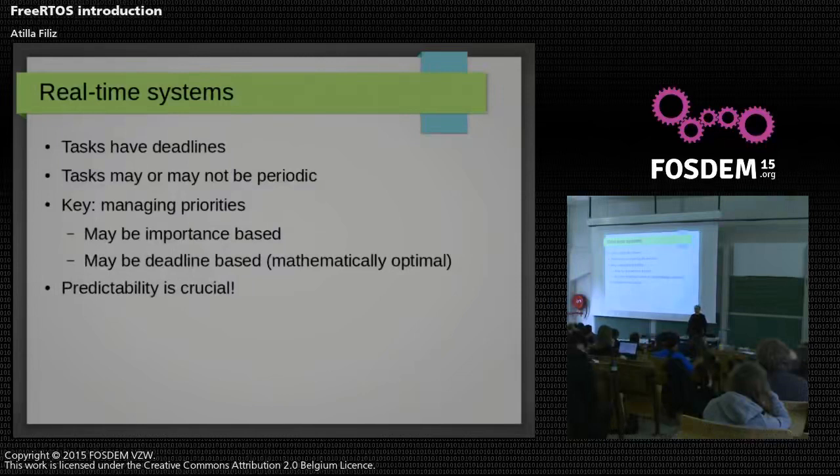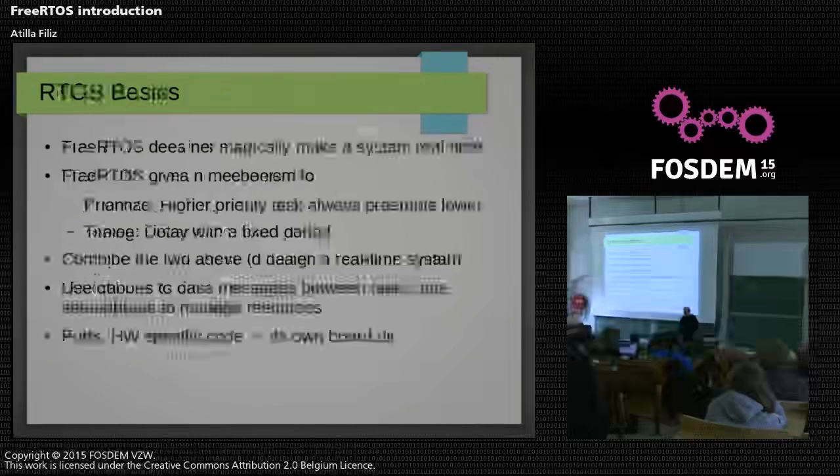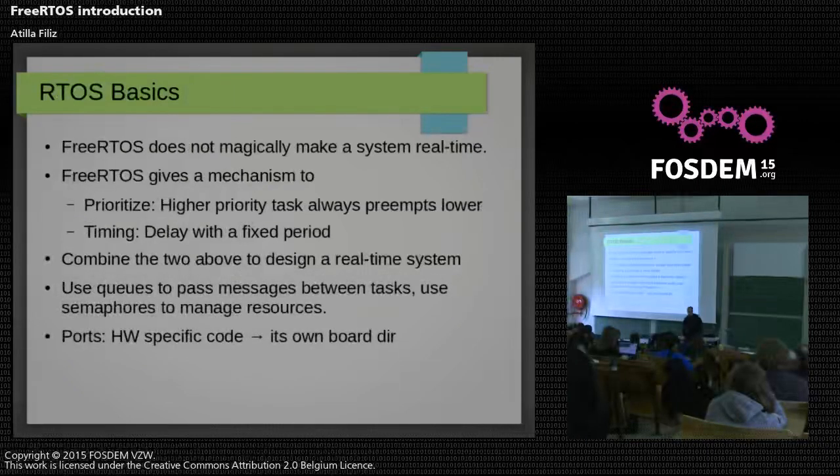Or if you are familiar with the academics, you know the most optimal way of managing deadlines is making your scheduling and priorities deadline-based, if you know your computation times and your deadlines. All in all, to achieve these, you need your system to be predictable.